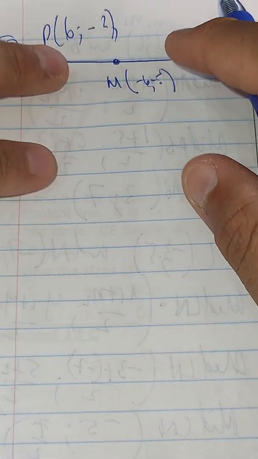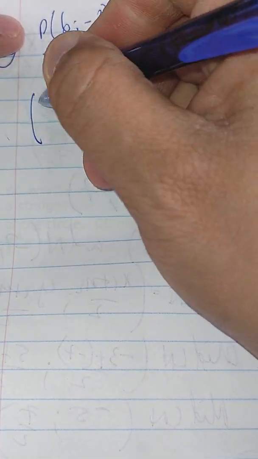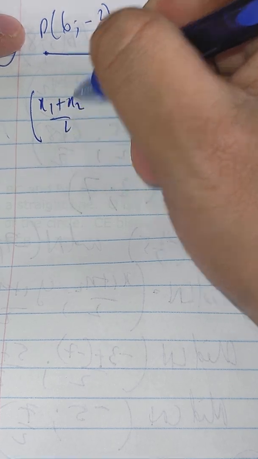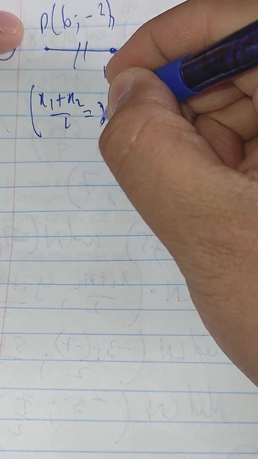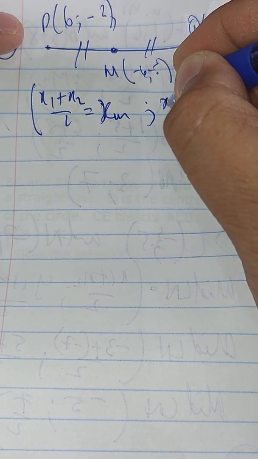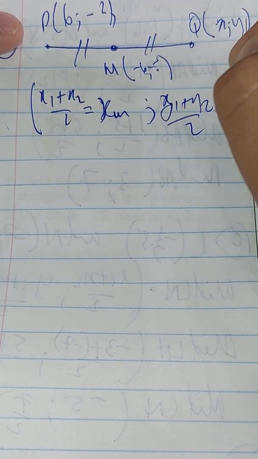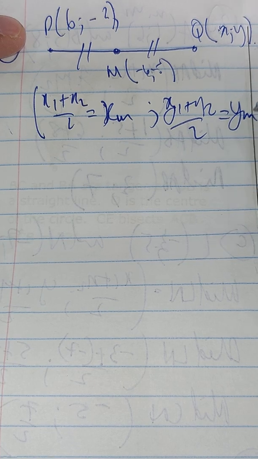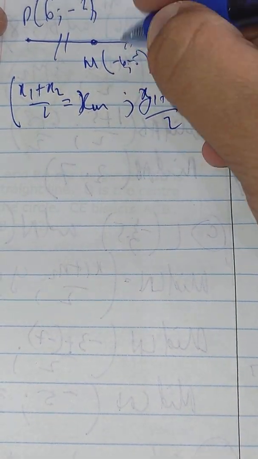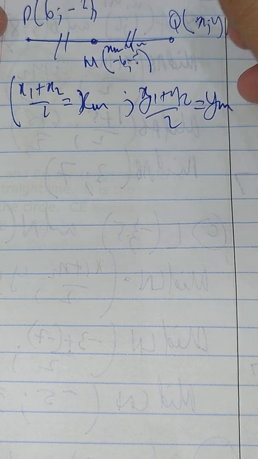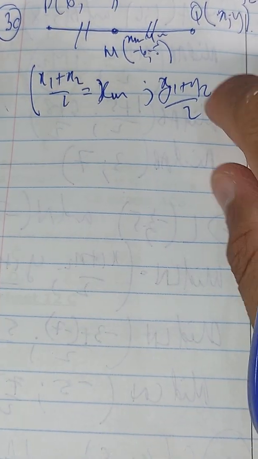Okay. So again, we know the midpoint formula. x1 plus x2 over 2 will give you the x mid. And y1 plus y2 over 2 will give you the y mid. If this is x1, y1, this is x mid, y mid, and x2, y2, because those are the endpoints there.